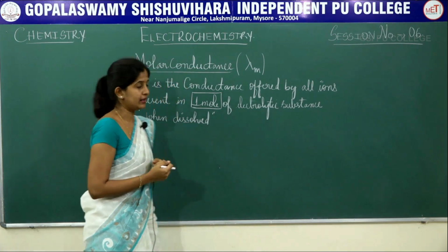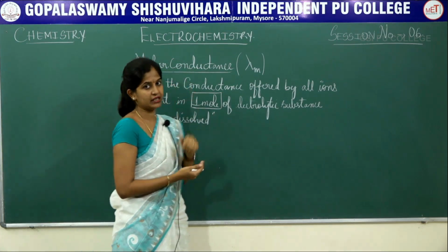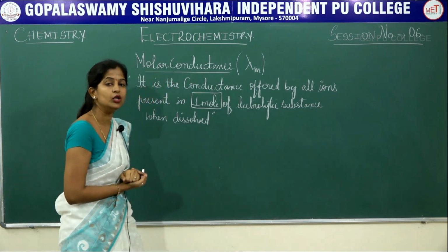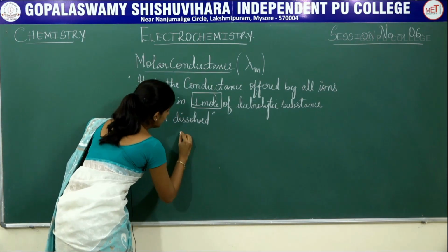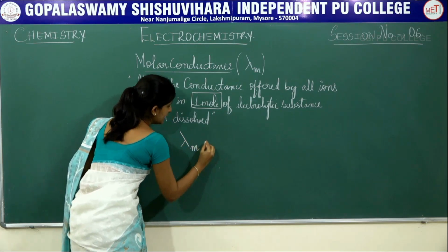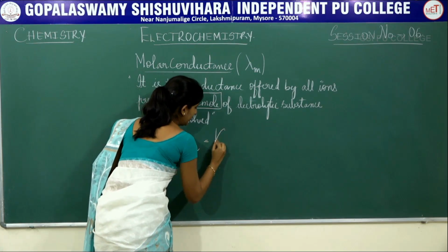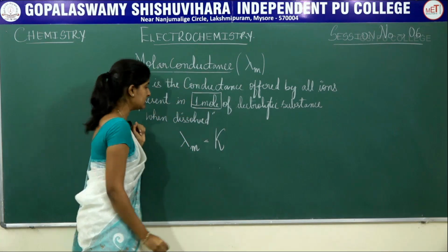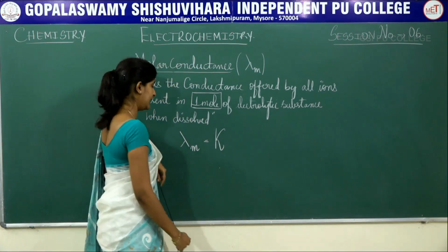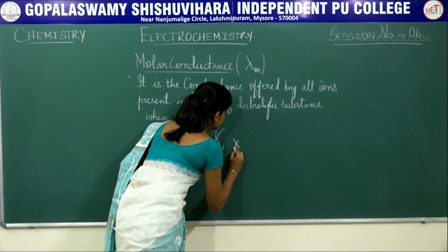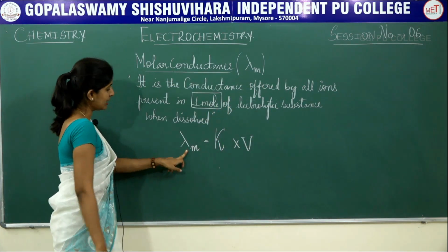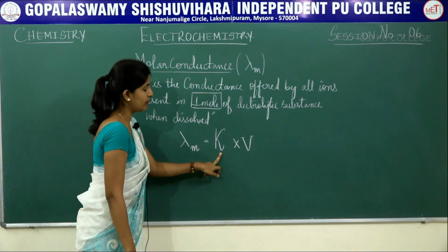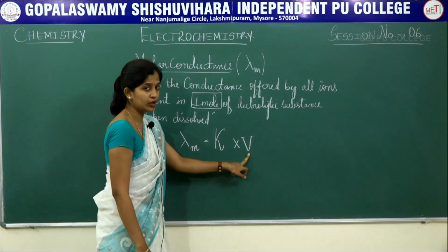As with equivalent conductance, your molar conductance is also dependent upon the volume and concentration of the electrolyte. That is, your lambda m is equal to kappa, that is specific conductance or conductivity, into V. So molar conductance is equal to kappa, specific conductance, into volume.